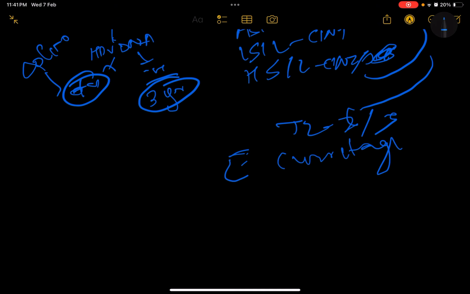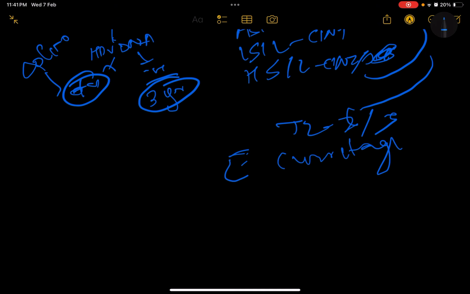And finally, as I leave, certain things that we should do: as I said, endocervical curettage is done, conization is done, a cone biopsy is taken, right? And you've got your diagnosis.